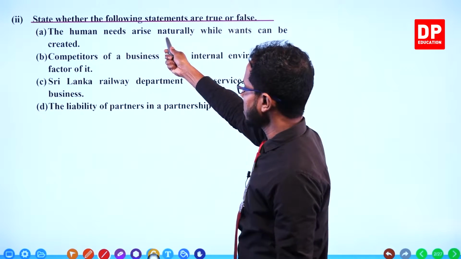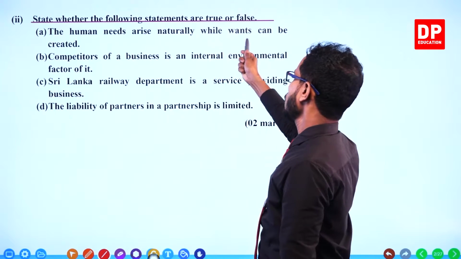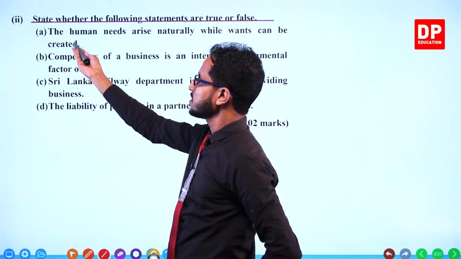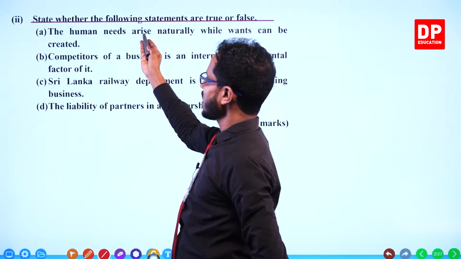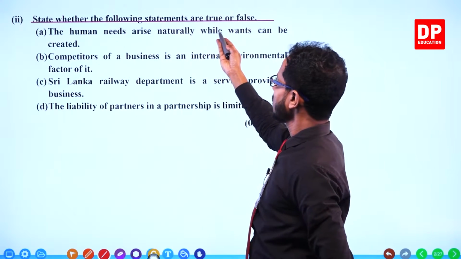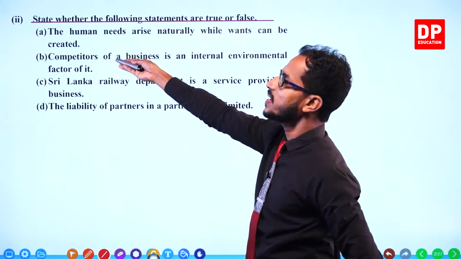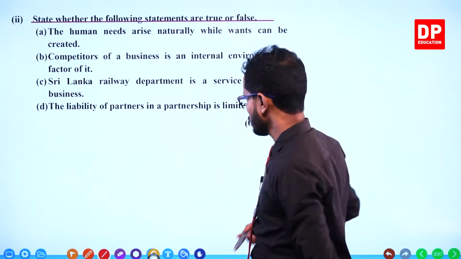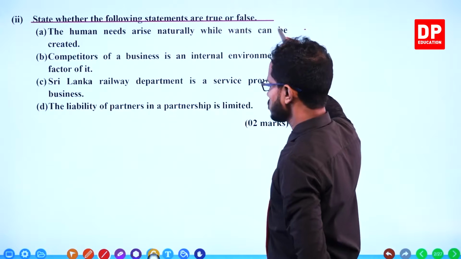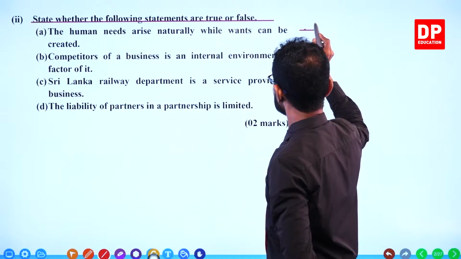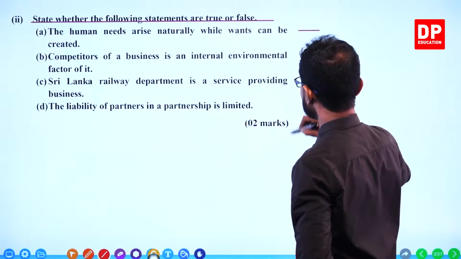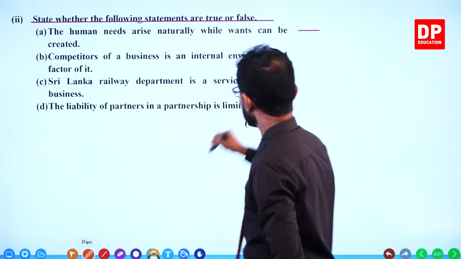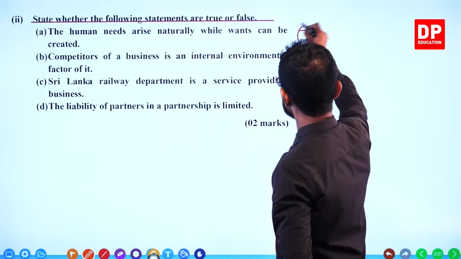Human needs arise naturally, while wants can be created. It's very much true.